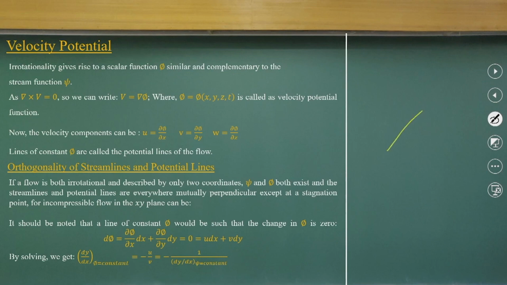You take a phi function, let it be a two dimensional function. Consider phi is a constant along this line, the velocity potential function. By definition, since it is a constant, d phi equals 0.